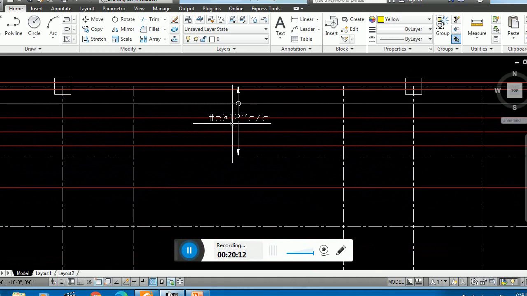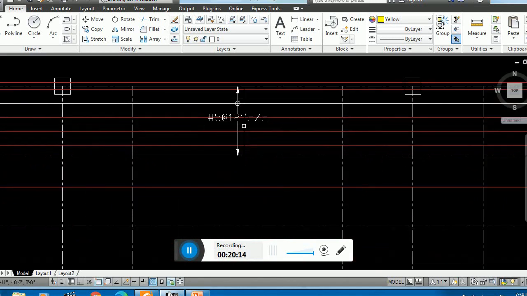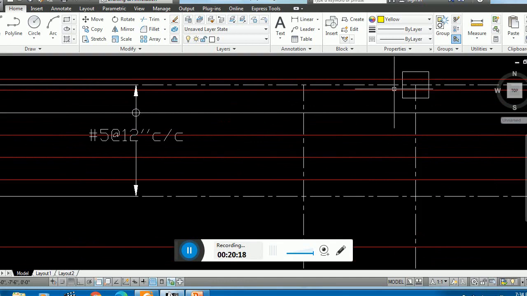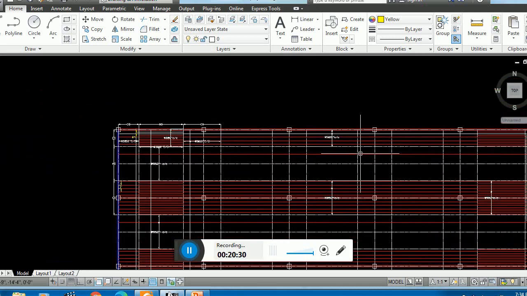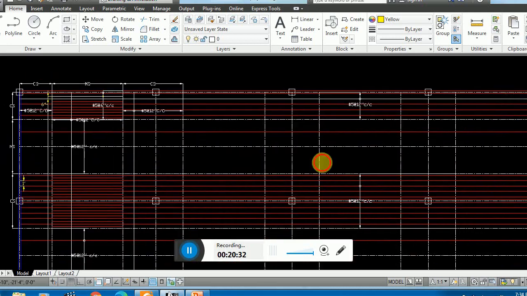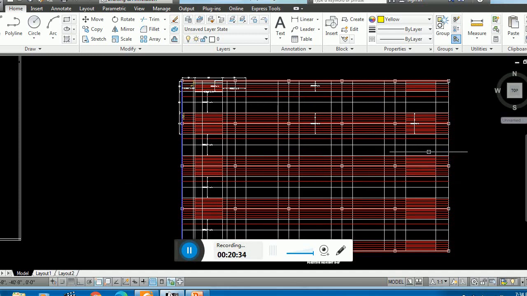You can use number 5 at the rate of 16 inch as well. And one thing very important: ACI criteria says that you have to provide 2 bars within the column core. In the column core you have to provide 2 continuous bars, so that's why I'm placing those continuous bars. Okay, this is all about the rest of the calculation.